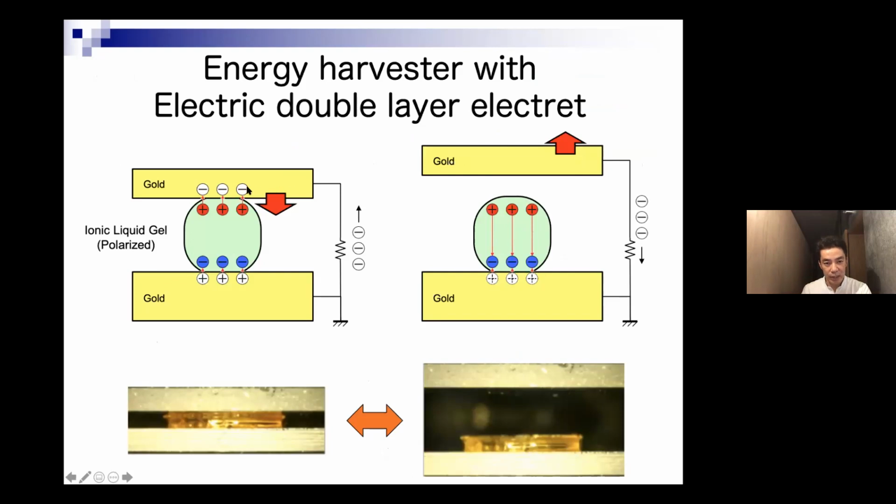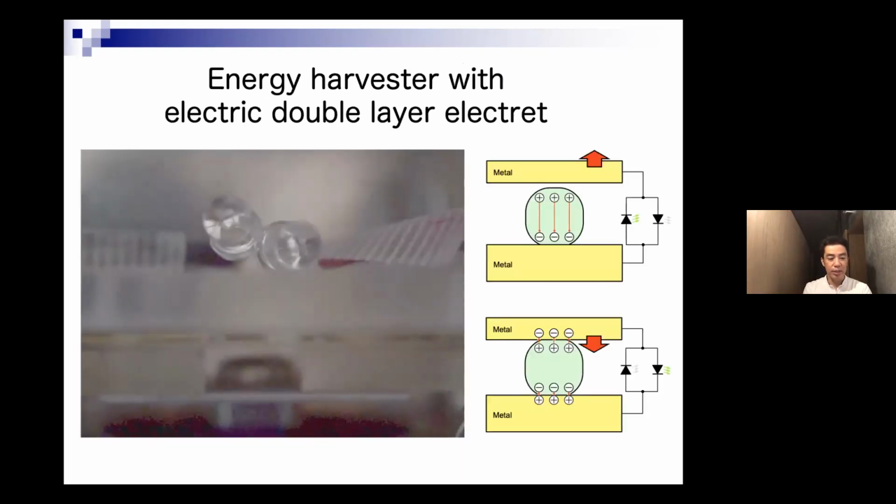So when we touch it, the electron moves this way, and when we detach, the electron moves this way. Since the capacitance of this electric double layer electrode is huge, the large current is accumulated at the surface of the electrode.